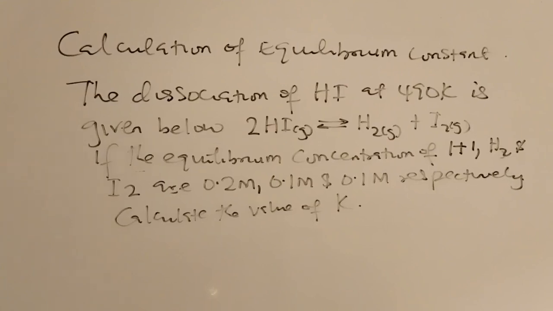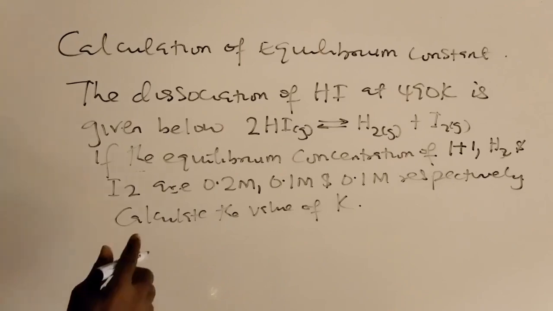The dissociation of hydrogen iodide at 490 Kelvin is given by the equation: 2 molecules of hydrogen iodide giving 1 molecule of hydrogen and 1 molecule of iodine gas. If the equilibrium concentrations of hydrogen iodide, hydrogen and iodine are 0.2 mole per dm cube, 0.1 and 0.1 mole per dm cube respectively, calculate the value of K.